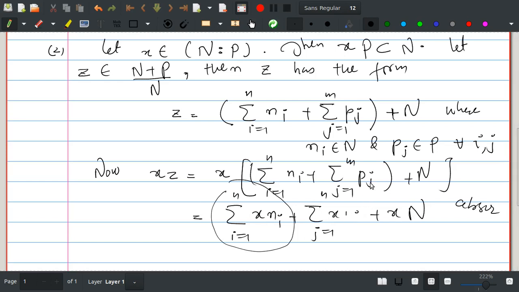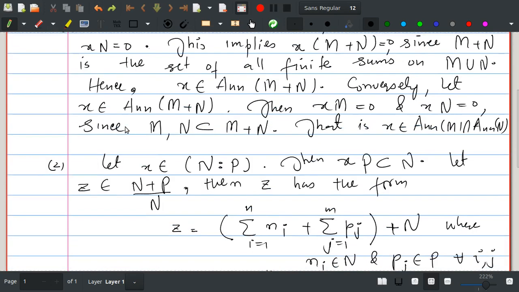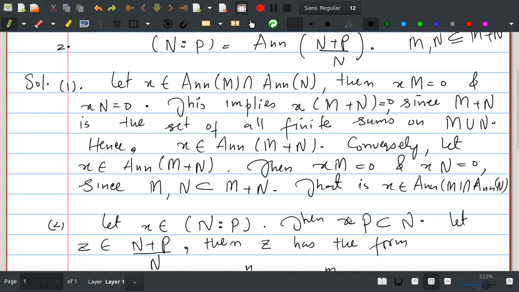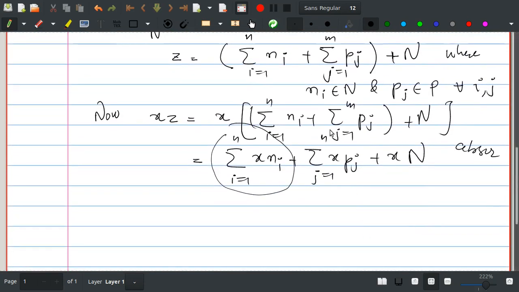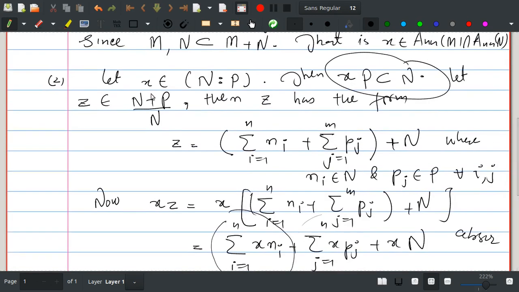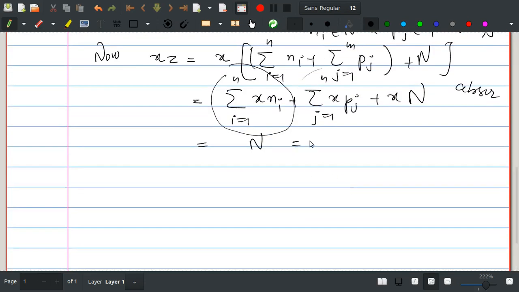And similarly, xP being a subset of N implies this is also an element of N, because this element is an element of xP, and xP is contained in N. So this is actually equal to N, which is the 0 element in this module, that is, the element 0 bar.